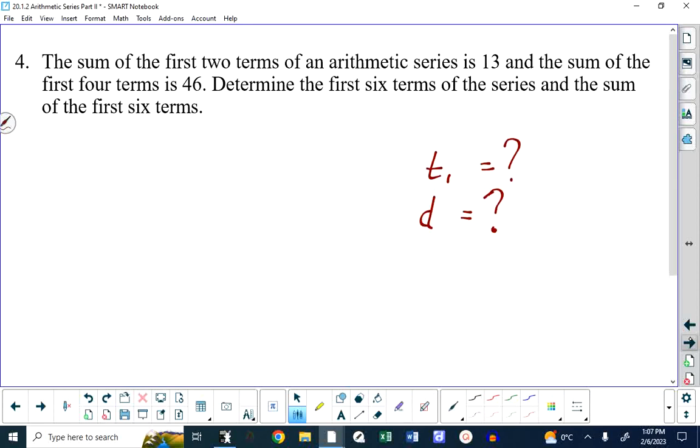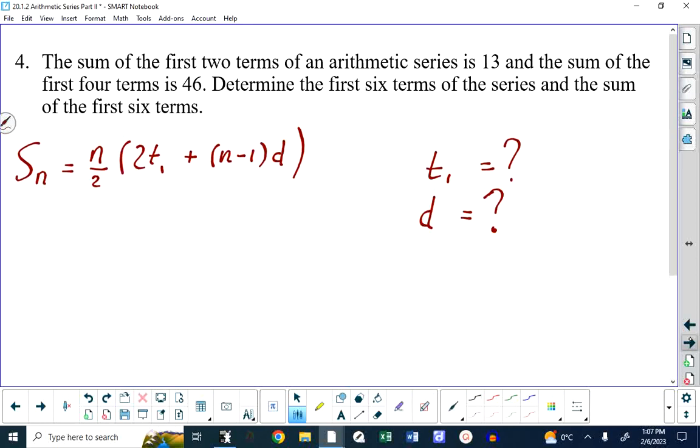Well, we have this formula. And it turns out we have done a question very similar to this before, but we did it with a different formula.